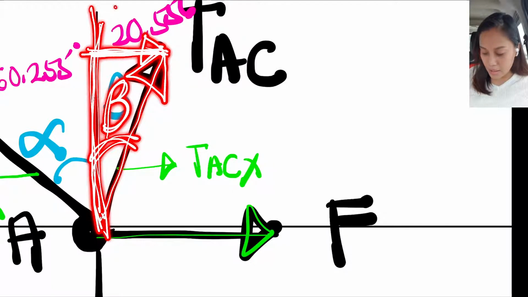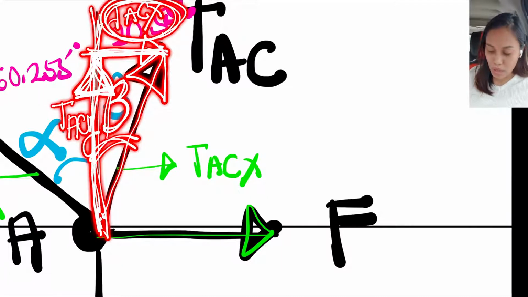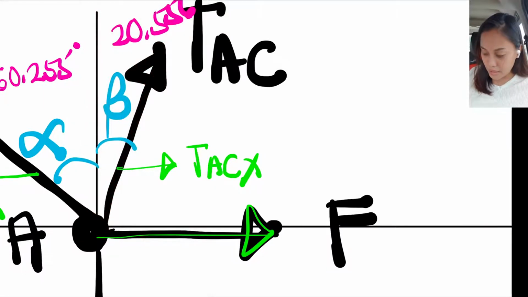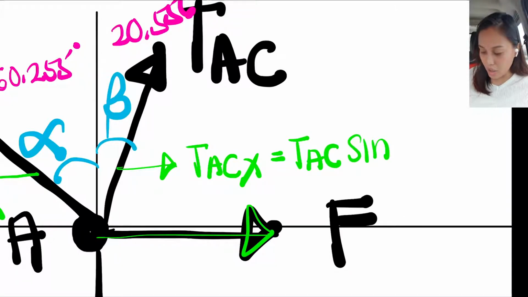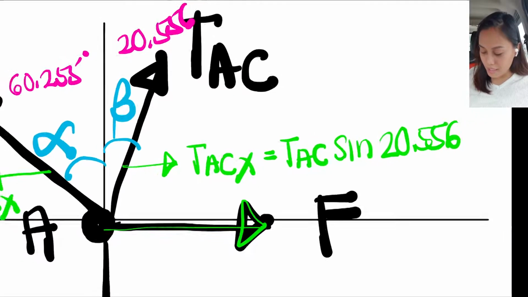This is TACX, and its rectangular component along y is TACY. So what is TACX? It is opposite the angle. If it is opposite the angle, TACX is equal to TAC sine of angle beta, 25.56.